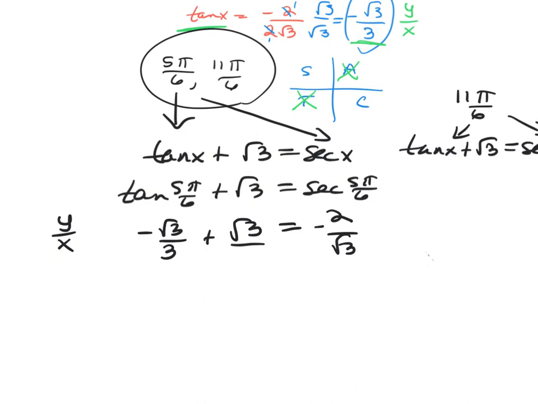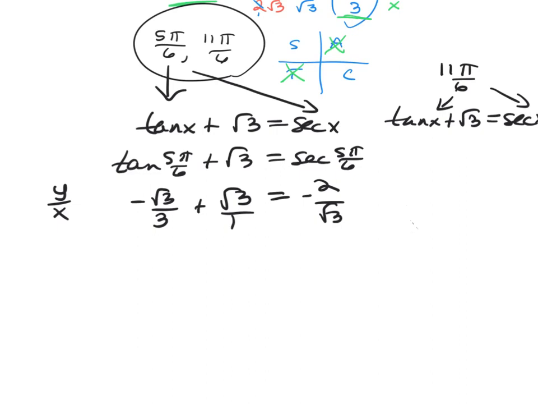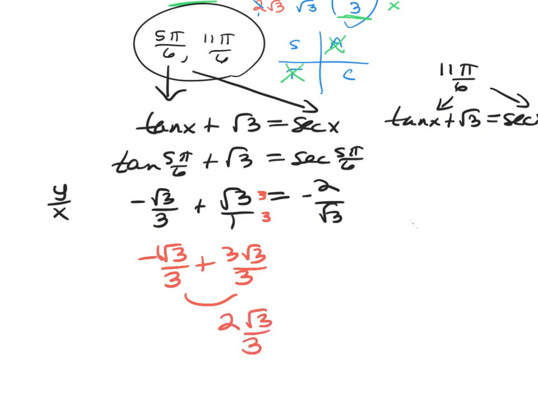So here I need to find a common denominator. It's going to be 3. Whatever you multiply to the bottom, you're going to multiply to the top. So this one stays the same. It already has the 3. This one becomes 3 root 3 over 3. And then when I combine, I can assume a 1 there. And this becomes 2 root 3 over 3.